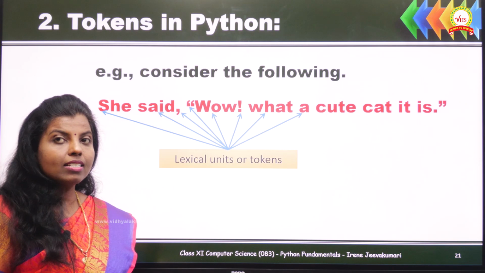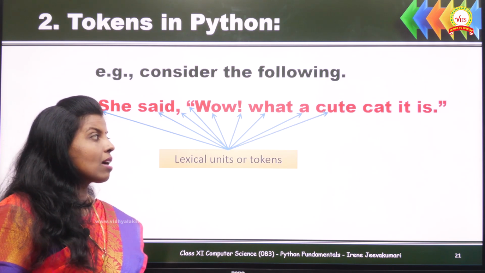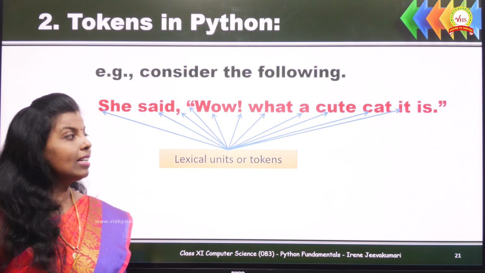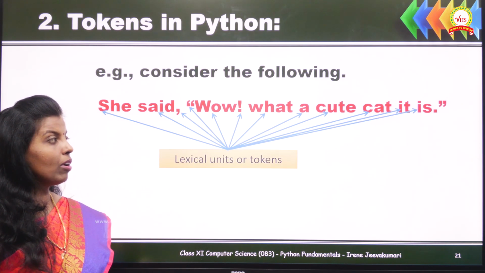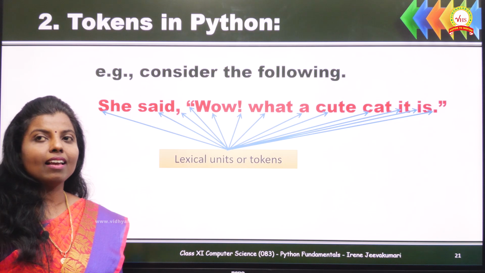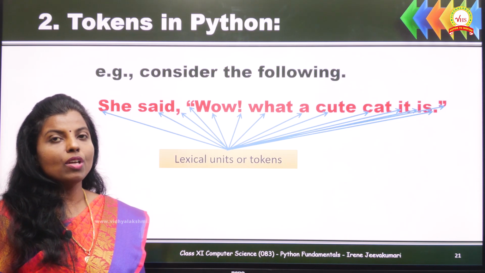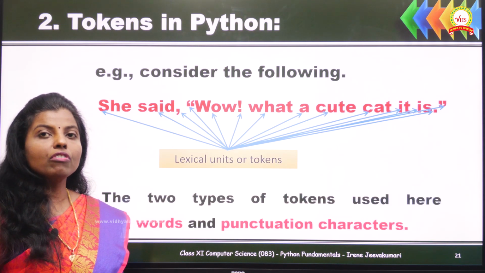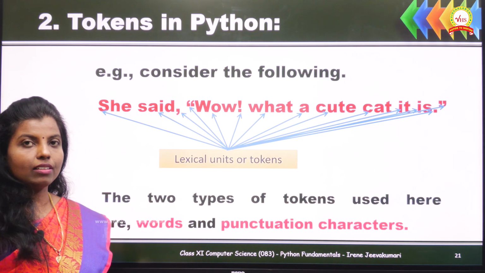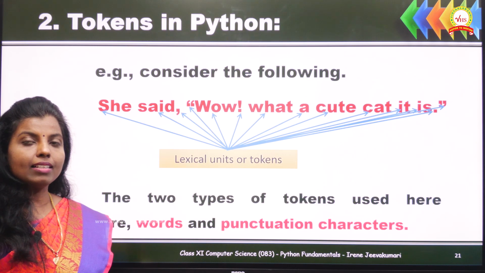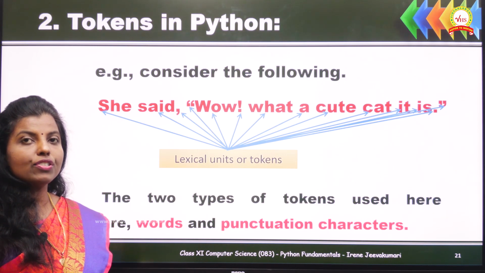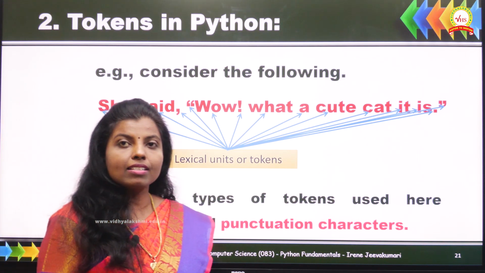A is an article, cute is a describing word, cat is a noun, it is a pronoun, is a helping verb, dot is a punctuator, and again double quotes is a punctuator. So on the whole, this sentence consists of words and punctuation characters.